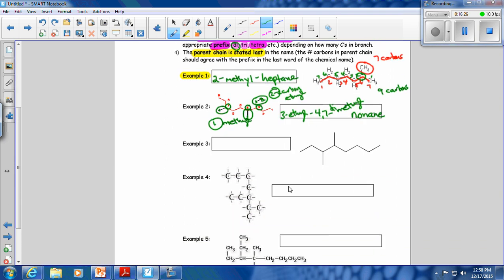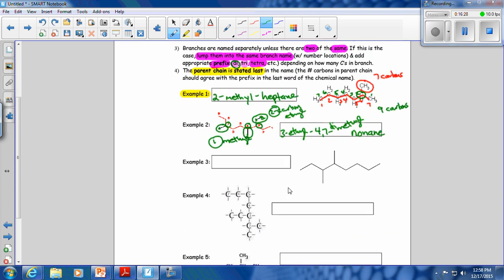So here we go. Here's our chain. We've got 1, 2, 3, 4, 5, 6, 7, 8 carbon locations. 8 octane. We've got, it appears to be 1 CH3 here and 1 CH3 here.